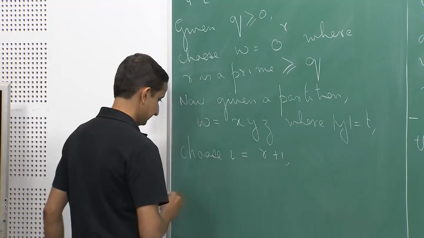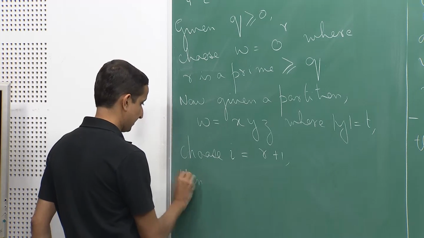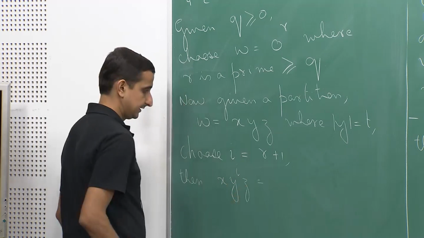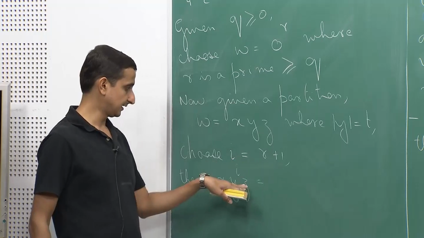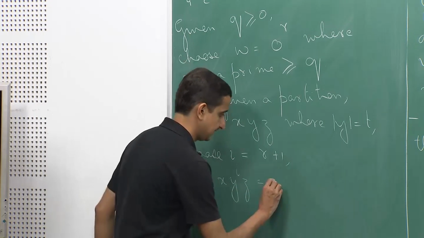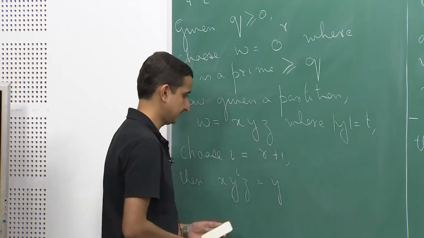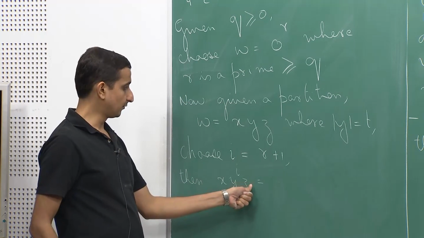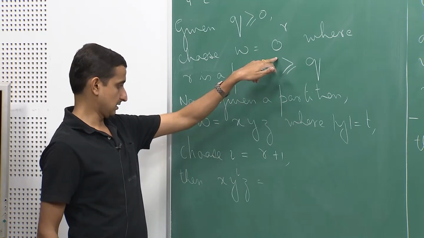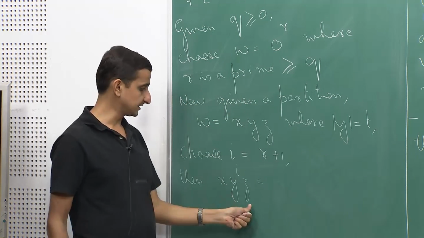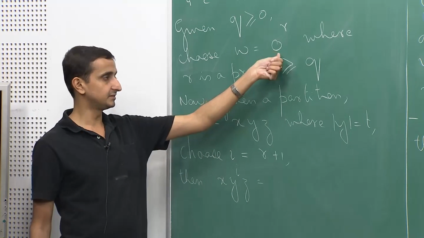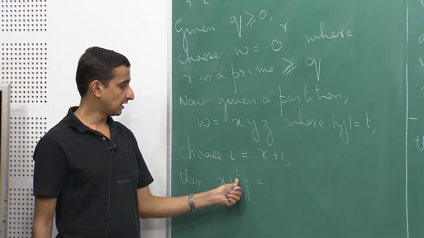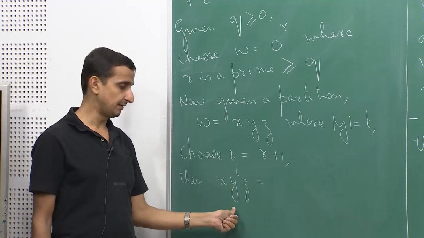So, what do we get? x y to the power I z: x y z is my string w, which is 0 to the power r, and then I have another I minus 1 many y's.